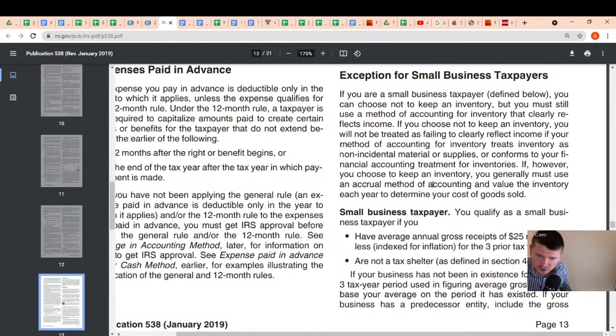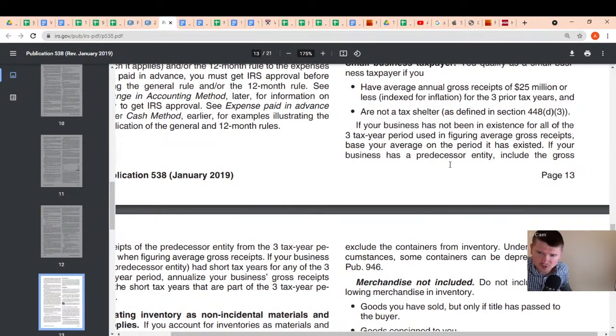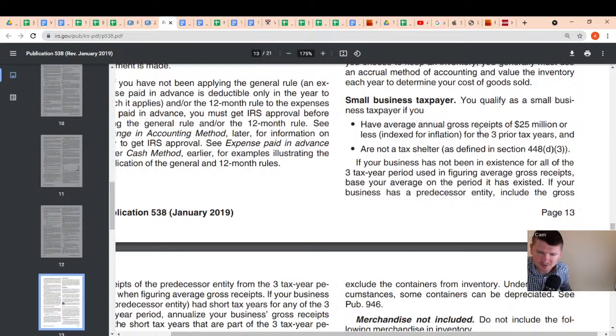If, however, you choose to keep an inventory, you generally must use an accrual method of accounting and value the inventory each year to determine the cost of goods sold. And you use the 3-year average gross receipts of 25 million or more.